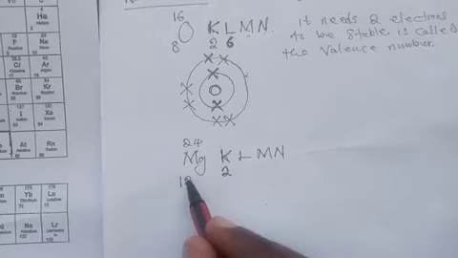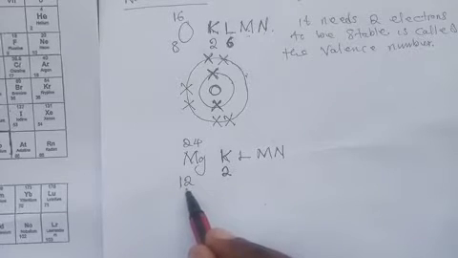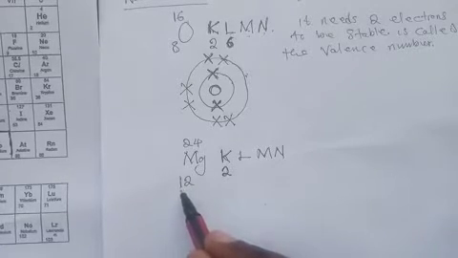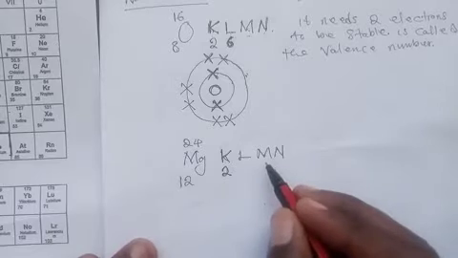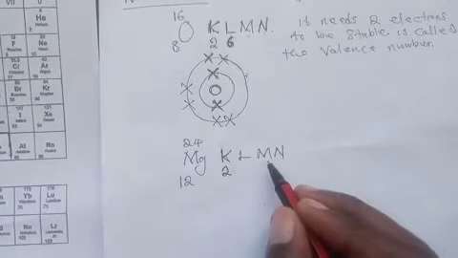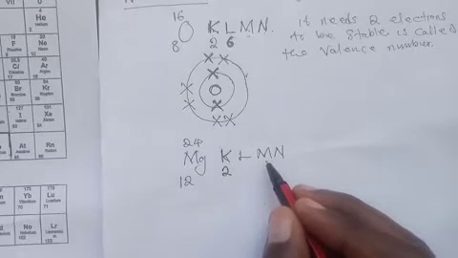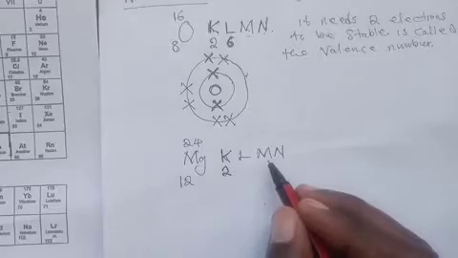So there are 10 electrons left from this metal. We said that the others occupy a maximum of 8 electrons. They don't occupy more than 8.